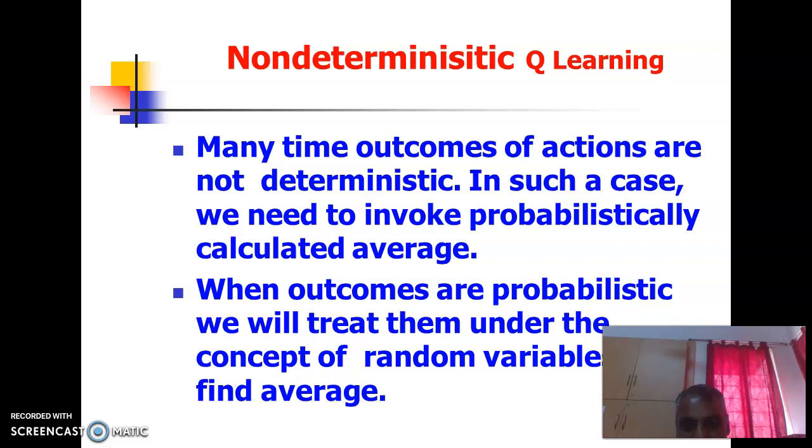So whenever there is a probability for some outcomes, we cannot know what kind of distribution and what will be the value of probability. Then the outcomes will be treated under the concept of random variables, and then we have to find averages using the concepts of random variables.